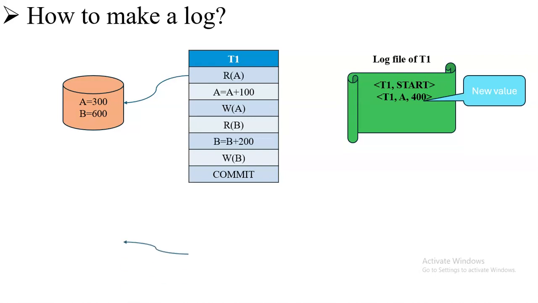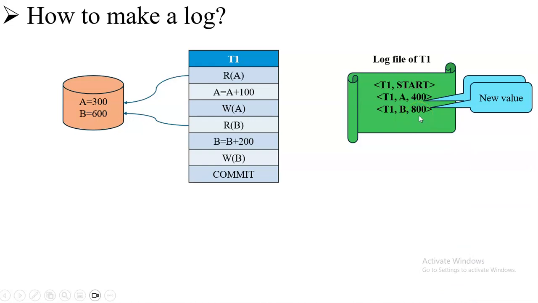operation, that is R of B, that is read of B. Read of B value is 600. The next statement is adding 200 to it, which means 800, and now we are writing it into the log file. So what is the value now? T1, B, 800, which means that T1 is operating on B data whose latest value is 800.